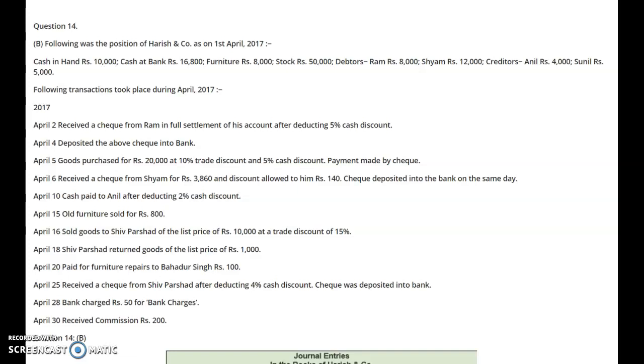Now, sometimes you have been given the amount of capital also. Then you have to see that the debit side must be equal to the credit side, as the basic rule of journal entry based upon the dual aspect, which we call the double entry system of accounting.